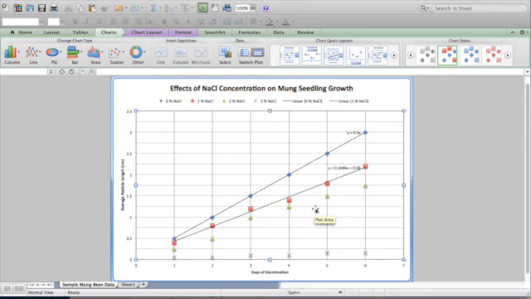Another possibility for the slope is to take any 2 of these points that look like they're probably linear and then just use your slope formula for that. So maybe here at day 1 and here at day 6, and use that to calculate the rate of change between day 1 and day 6. So you've got a bunch of options.